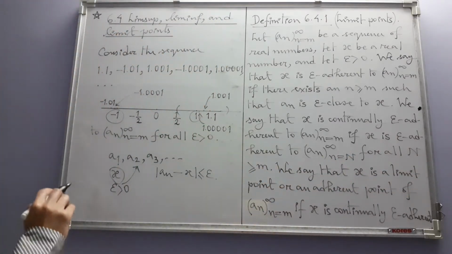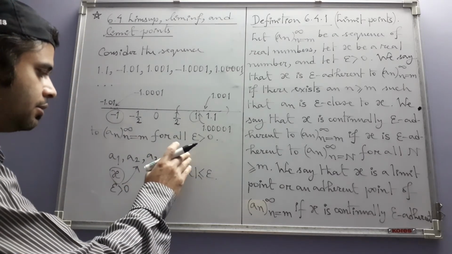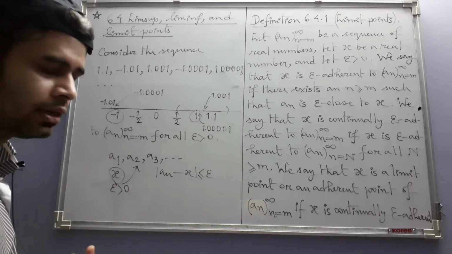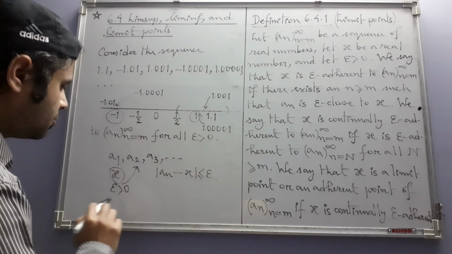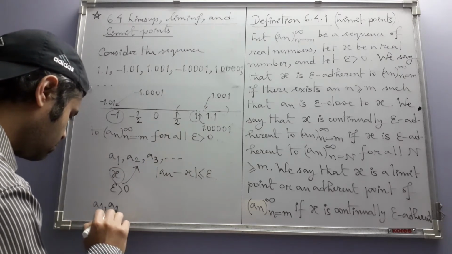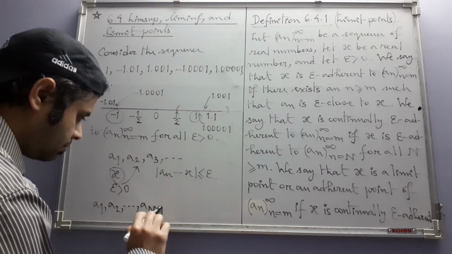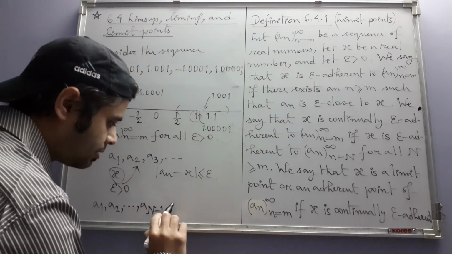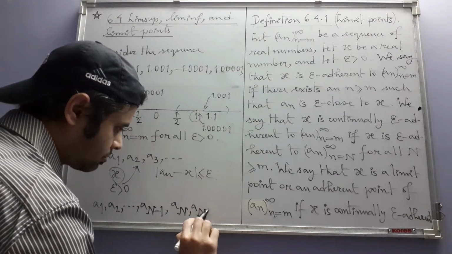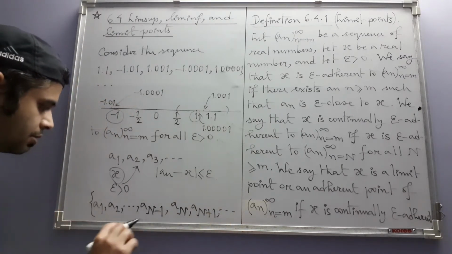It means that if from our original sequence we remove some terms from the beginning, say we remove these terms, and after that we have the remaining terms, and so on.